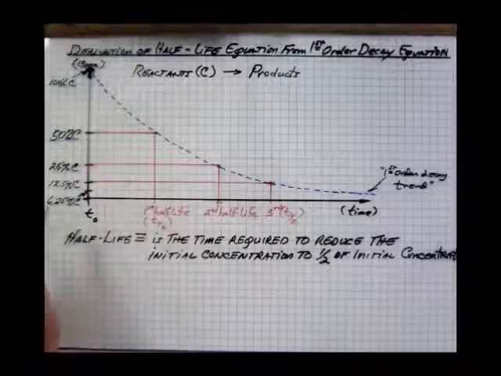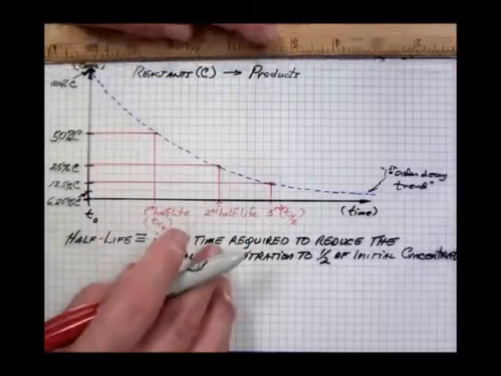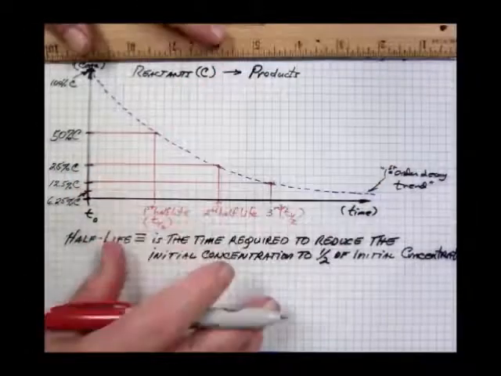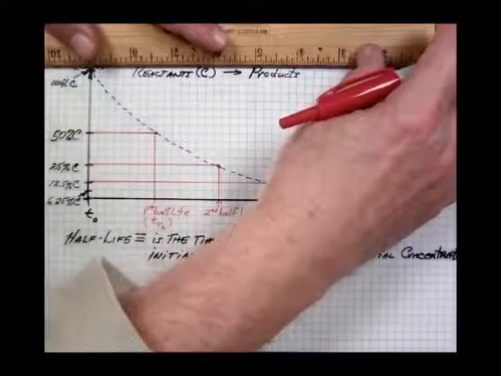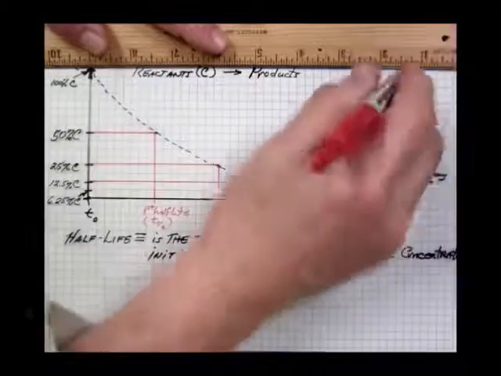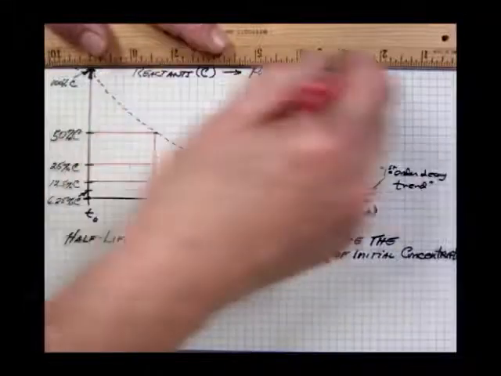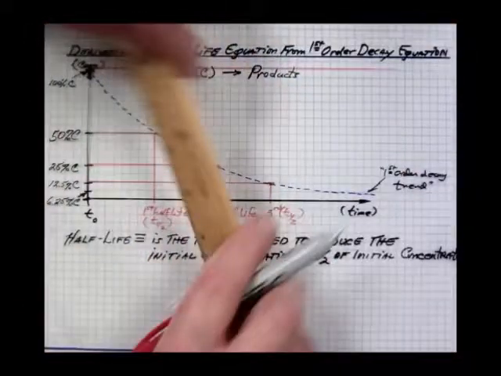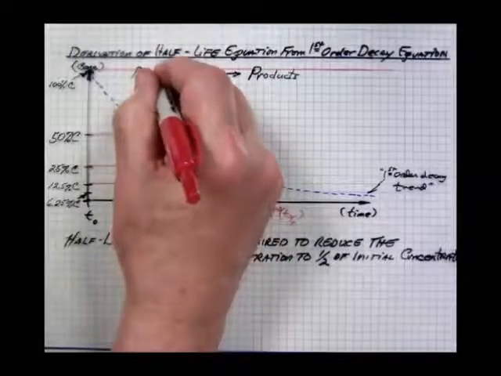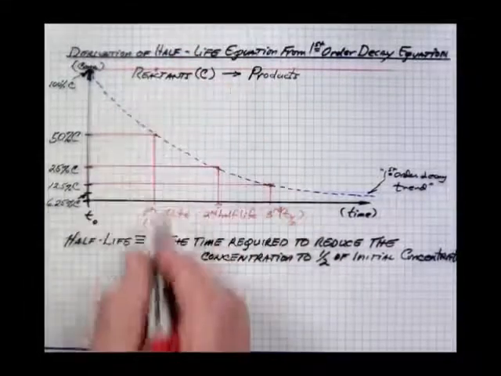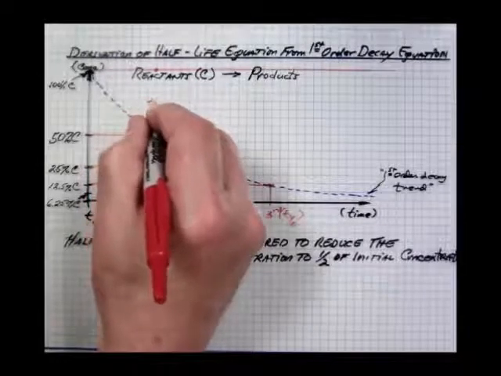So let's set up something like this, and I know this may get kind of crowded. We'll come over here to here, and the time to go to this point from this point is whatever the first half-life is, t 1/2.